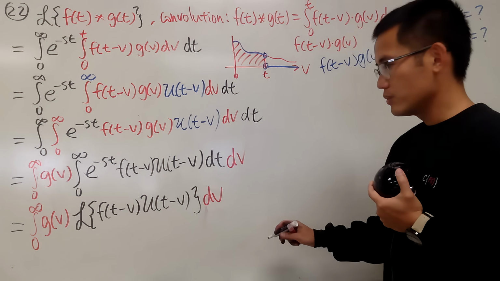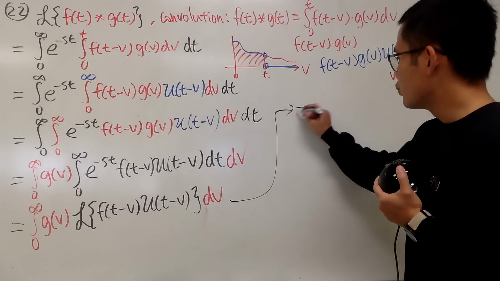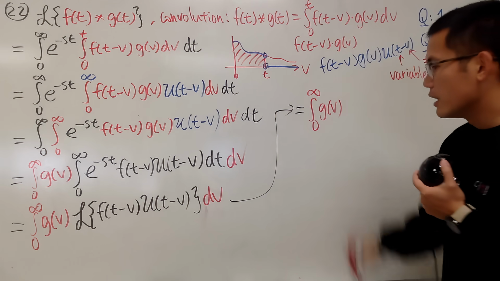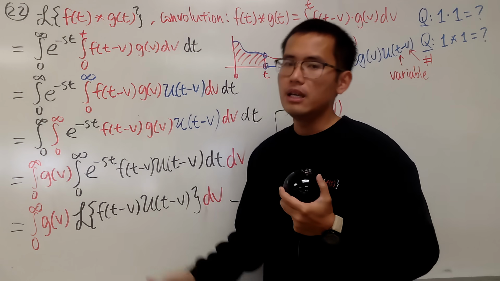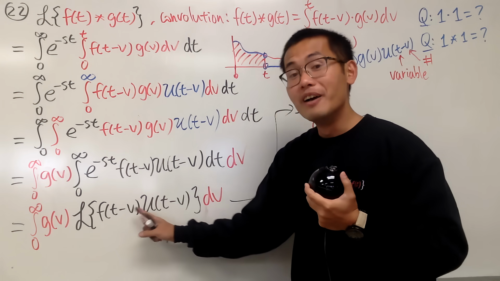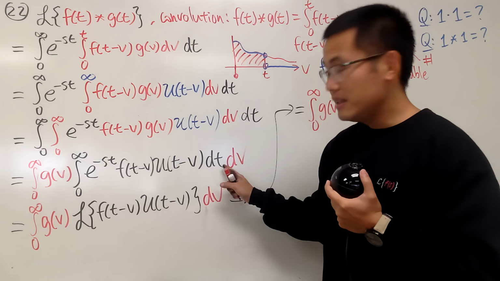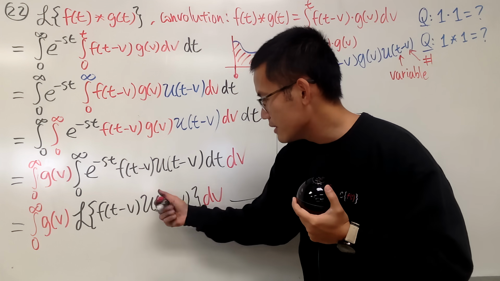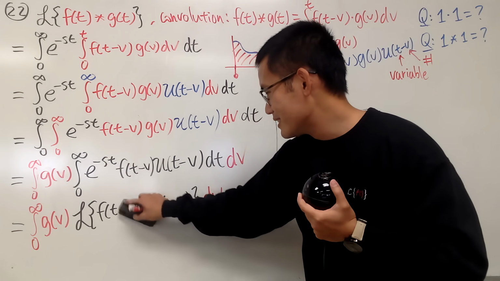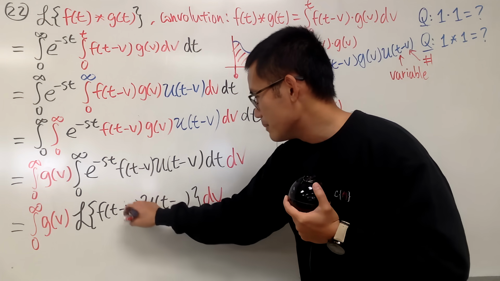Now, let me just go right here. All right, so in the front, we still have the red integral going from 0 to infinity, and we have g of v. Do we know the Laplace of this? Yes, we do. Well, in this case, though, v is a constant in black, because in the black right here, t is the variable. So v is the constant. It's pretty tricky, so be sure you keep all these little things in mind. So we have the f of t minus v.